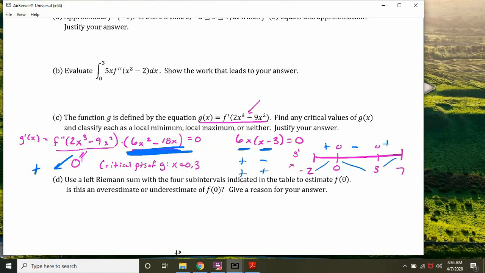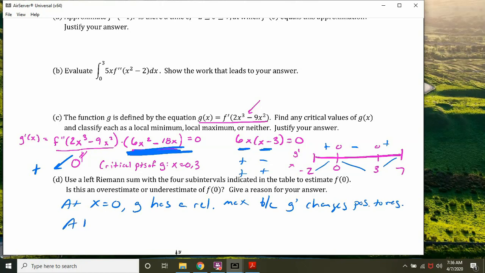So it looks like at x equals 0, g has a relative max because g prime changes positive to negative. At x equals 3, g has a relative min because g prime changes negative to positive.